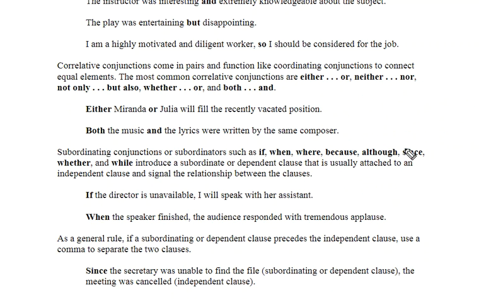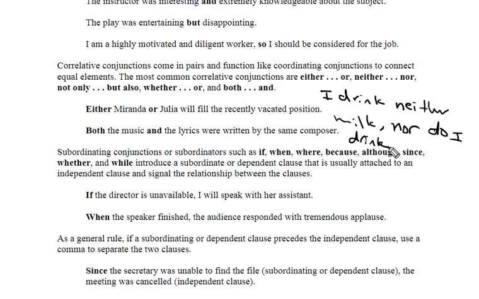We can use neither/nor as well in a compound sentence. I drink neither milk nor do I drink coffee.